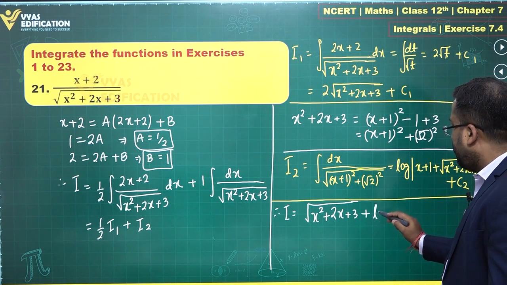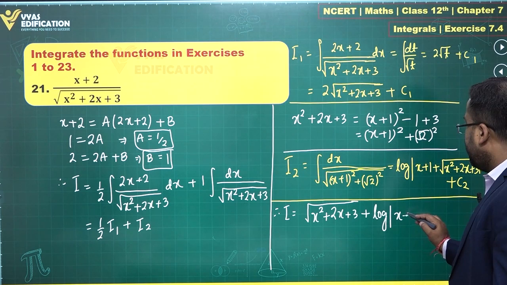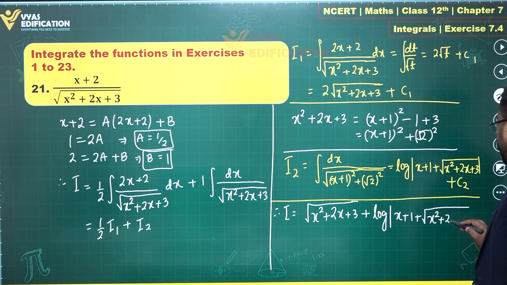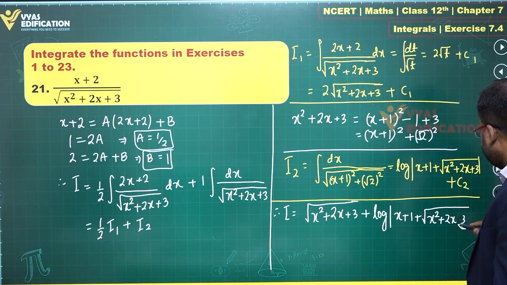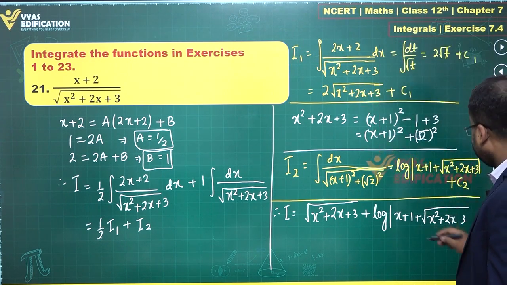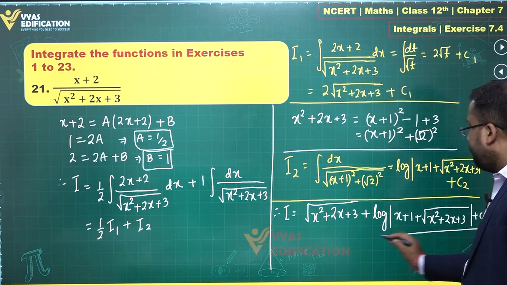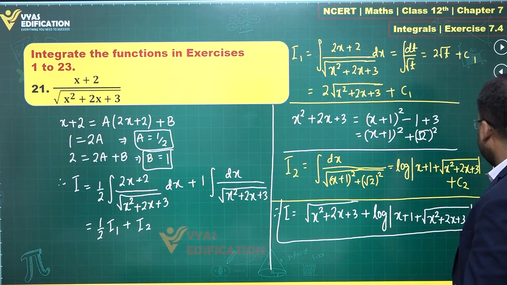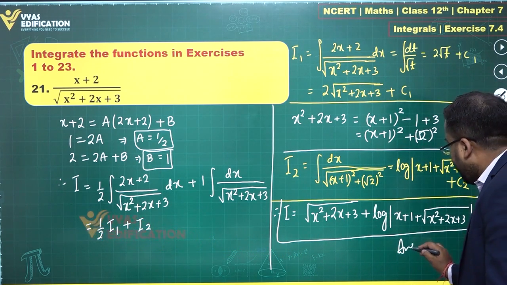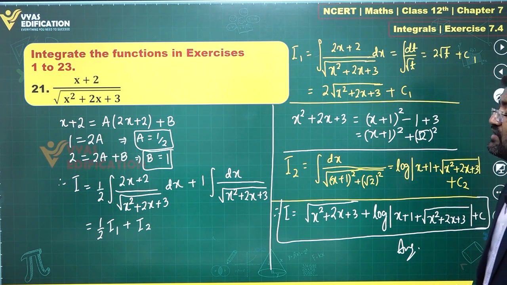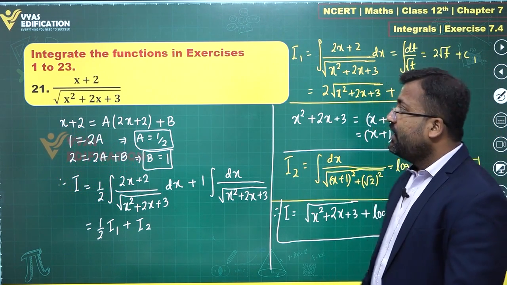I2 is this term, log of modulus of x plus 1 plus under root of x square plus 2x plus 3, modulus closed, plus another constant of integration. That's what we have, and yes, that's the required answer for this particular question over here, as you can see clearly. This is question number 21 for us.